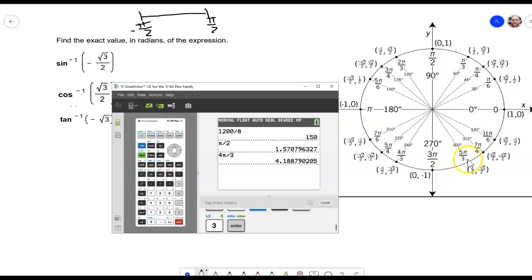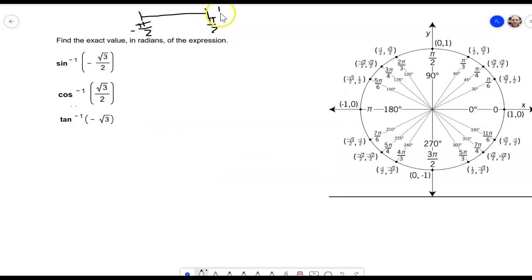So I'm going to take this 5 pi over 3 here and subtract 2 pi. That should bring me over here, and hopefully it'll be between these two values. Remember, this value is like 1.57 and this value is like negative 1.57.